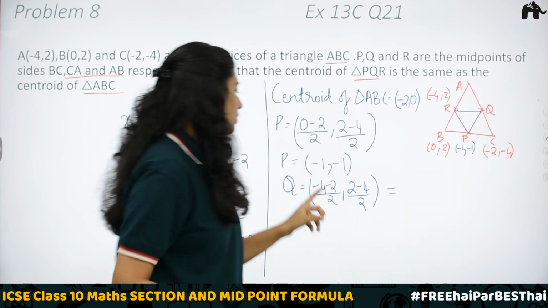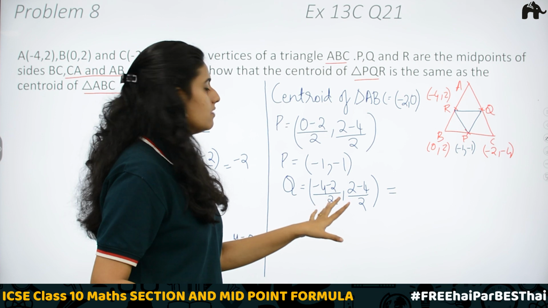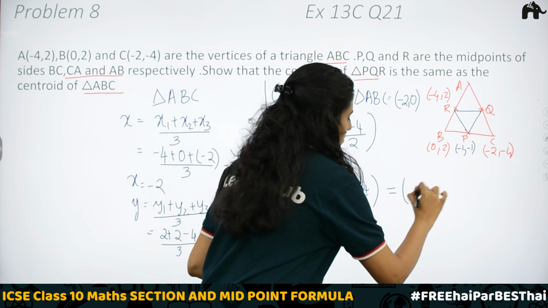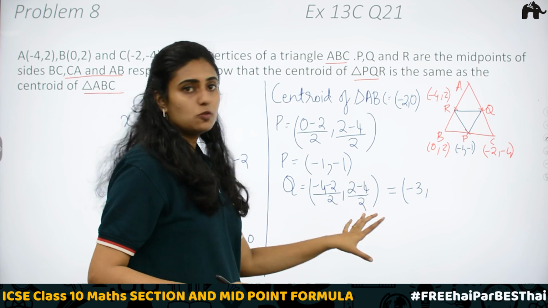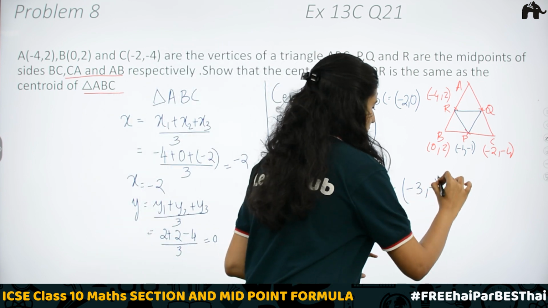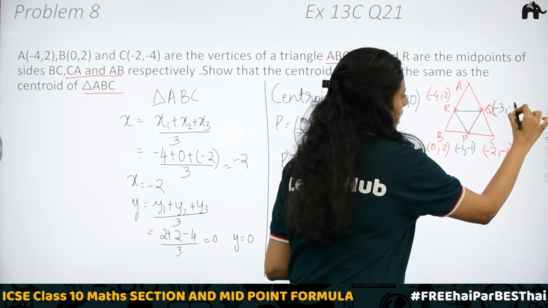Which is -4 minus 2 is -6, -6 divided by 2 is -3. 2 minus 4 is -2, -2 by 2 is -1. We got the coordinates of Q: (-3, -1).